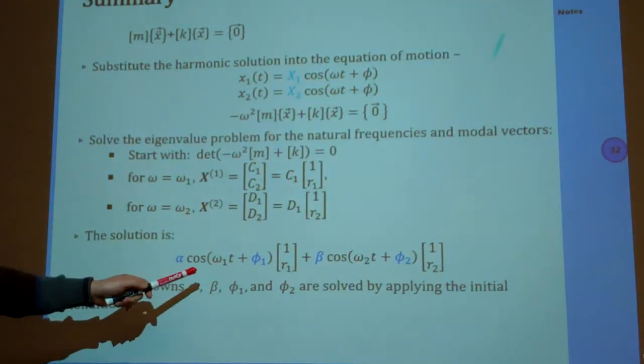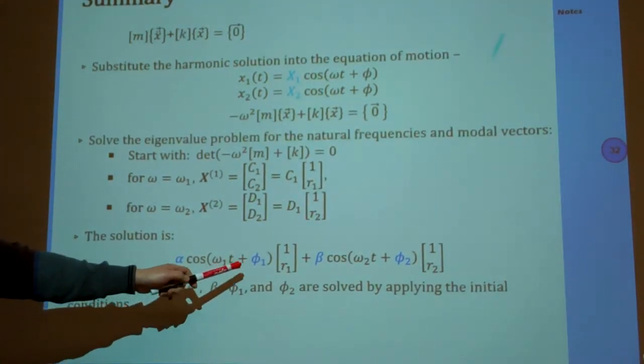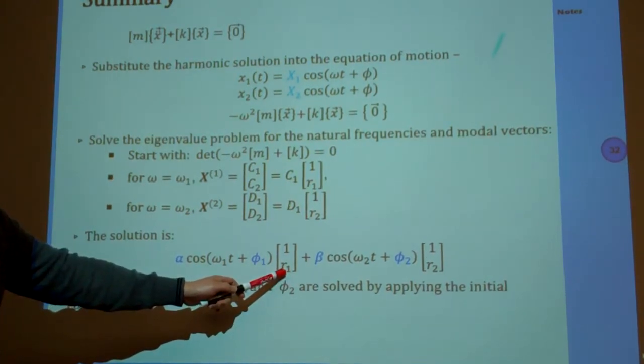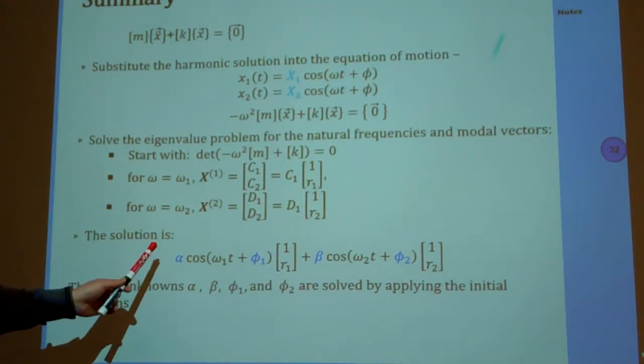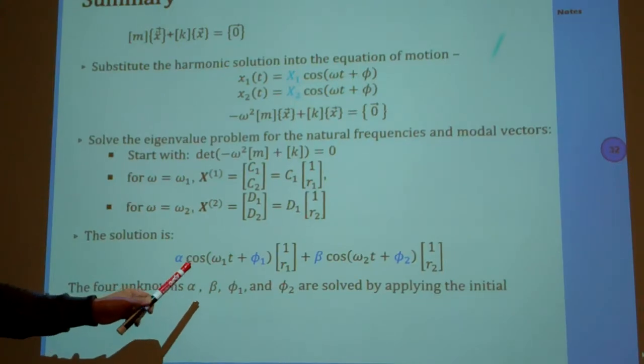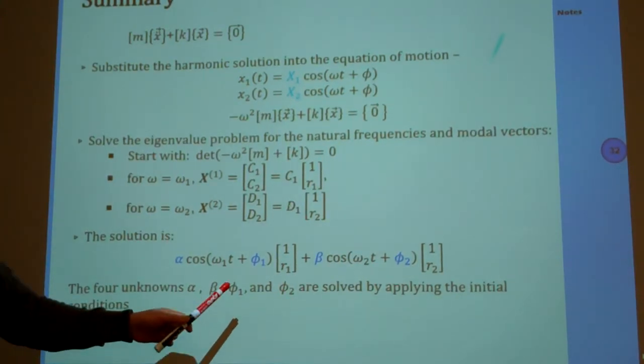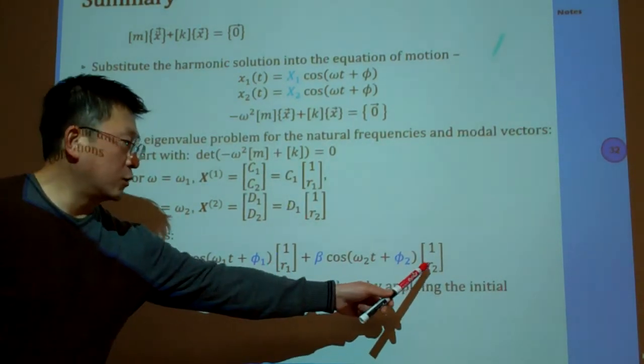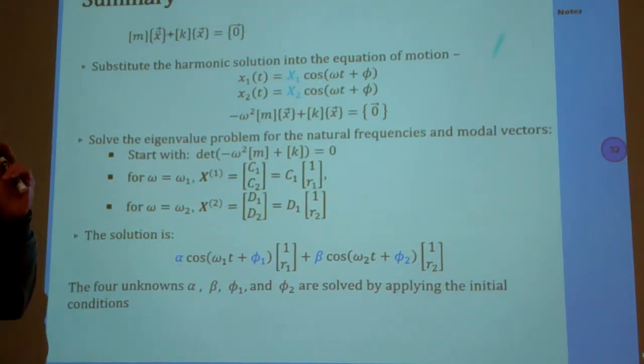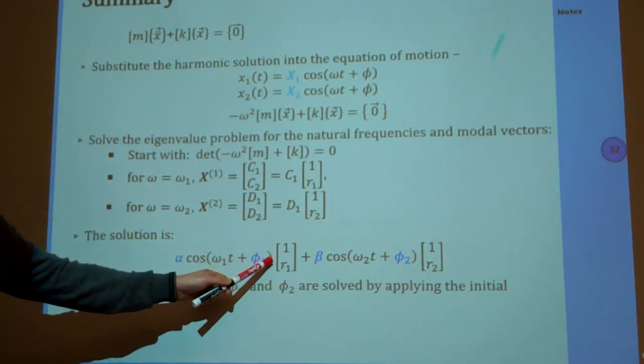Associated with each natural frequency, we have the modal vectors. And here, in the linear combination of the modal vectors, this is a modal vector, these are modal vectors. The linear combination is through such a form.